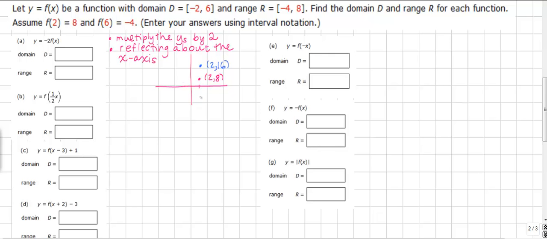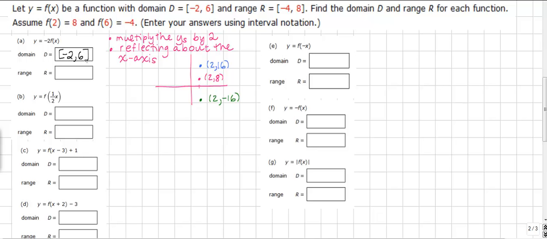If I then reflect about the x-axis, the x coordinate is unchanged and the y coordinate is -16. So that's how the graph behaves. Notice we did not affect the input value at all. This means our domain with these operations is unchanged and is still the closed interval -2 to +6.